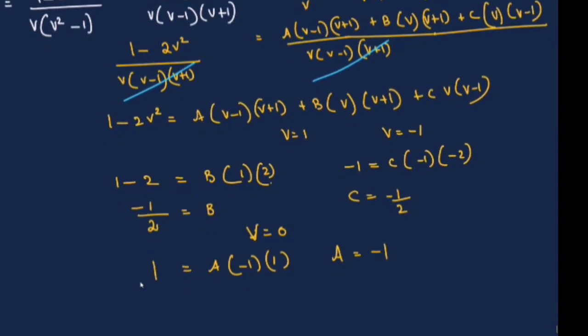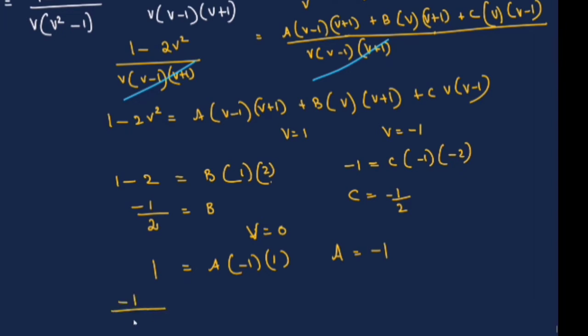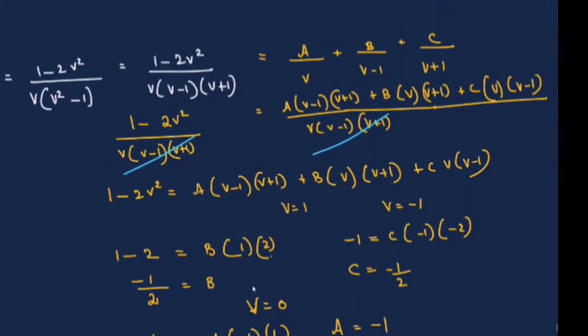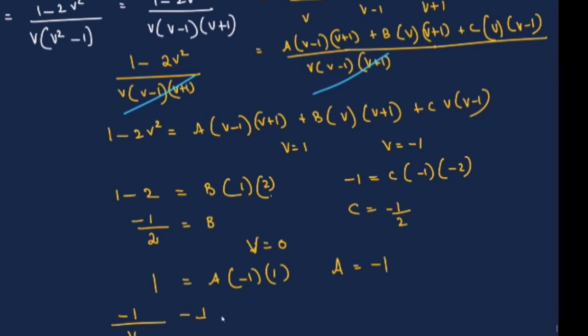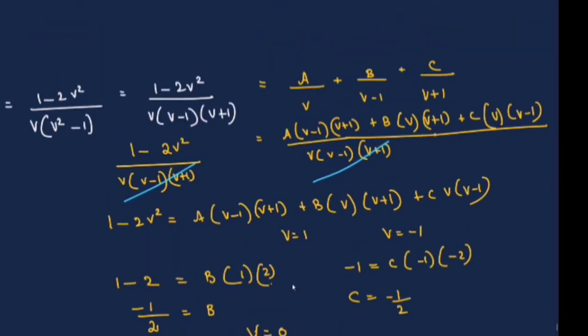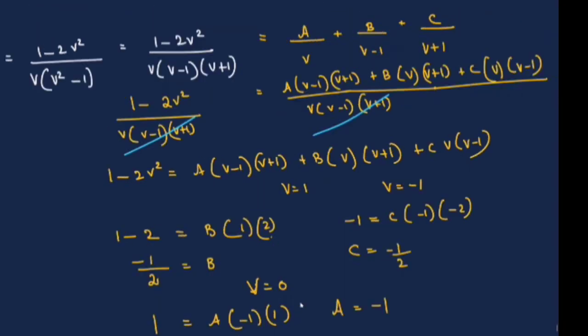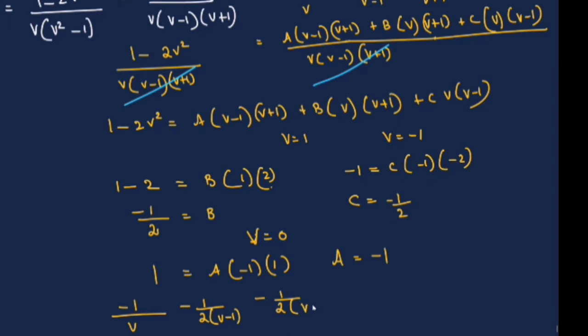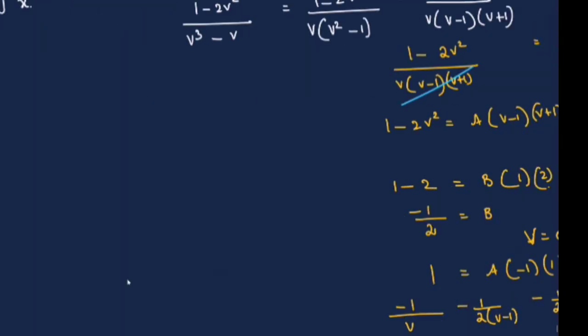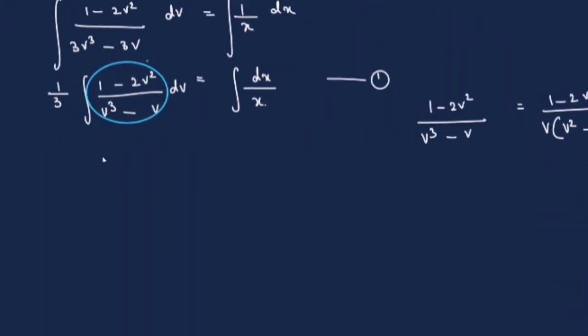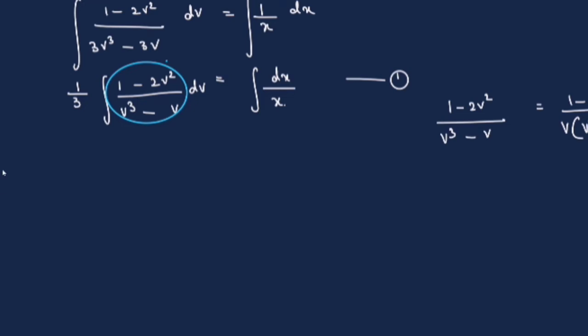What do you get now? A is minus 1 by v. B is minus half by v minus 1. And C is minus half by v plus 1. Now you can integrate. This integration, you can now write as 1 by 3 outside, integrate.